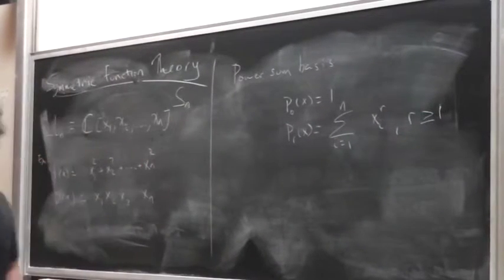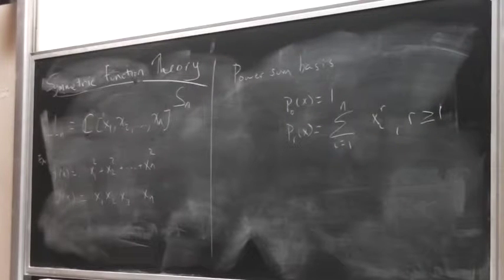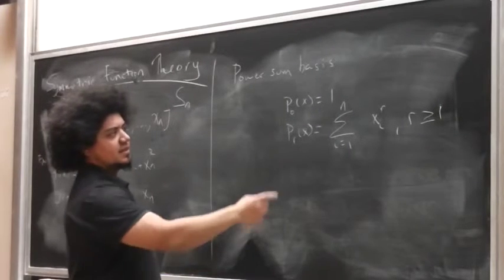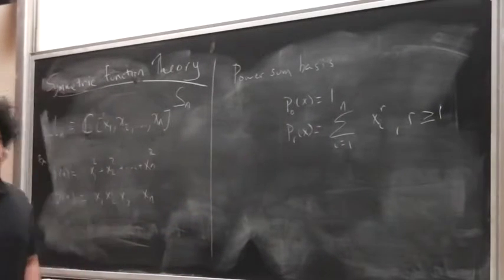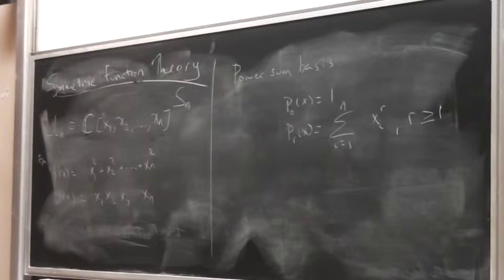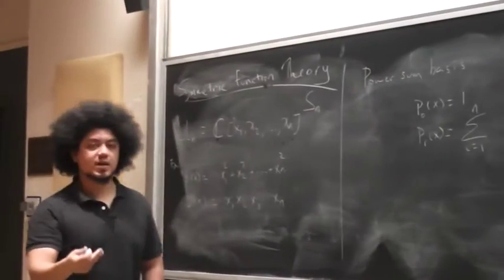In fact, we can show that the Pr, including P0, generate Lambda n as a ring.